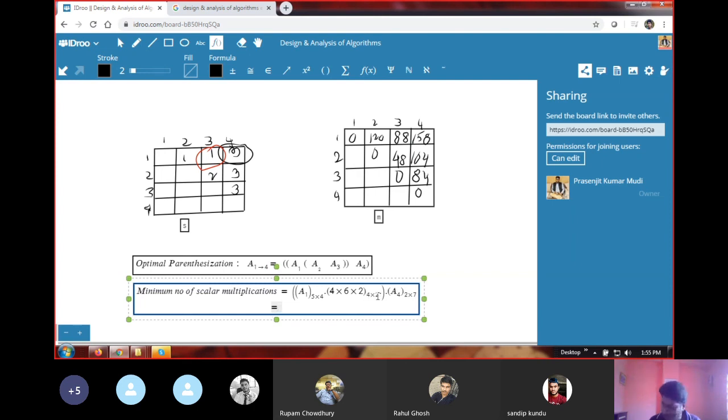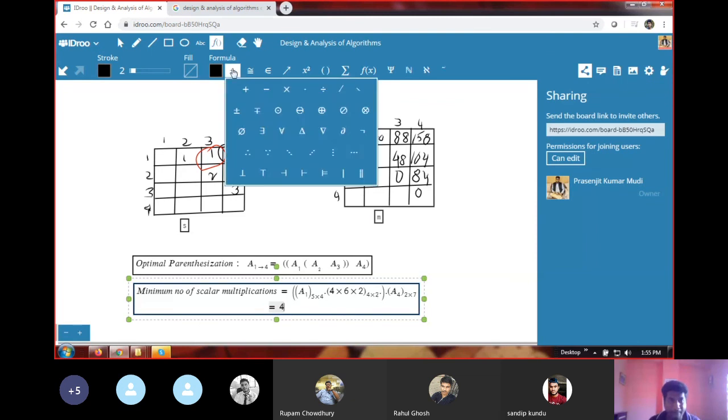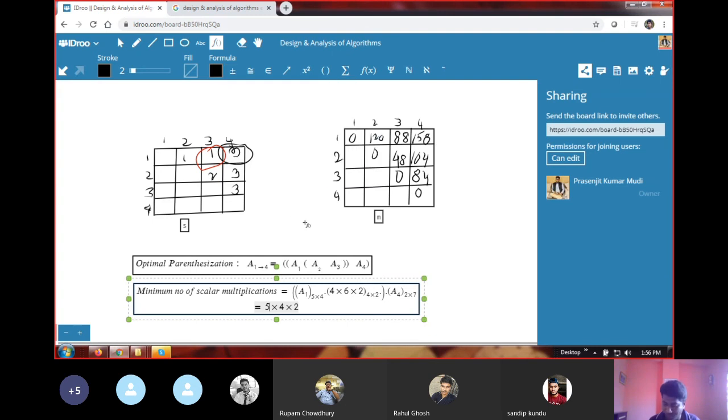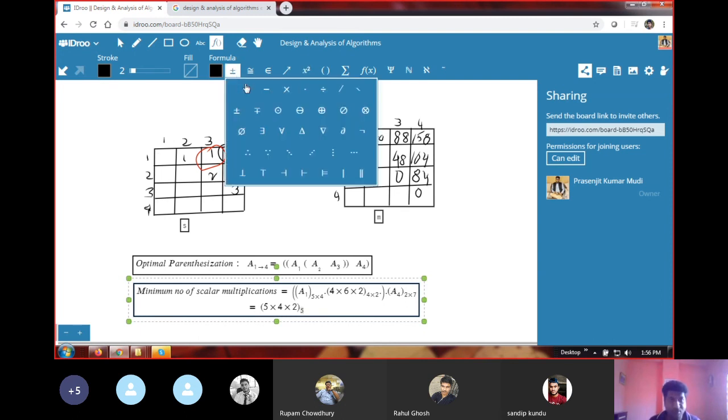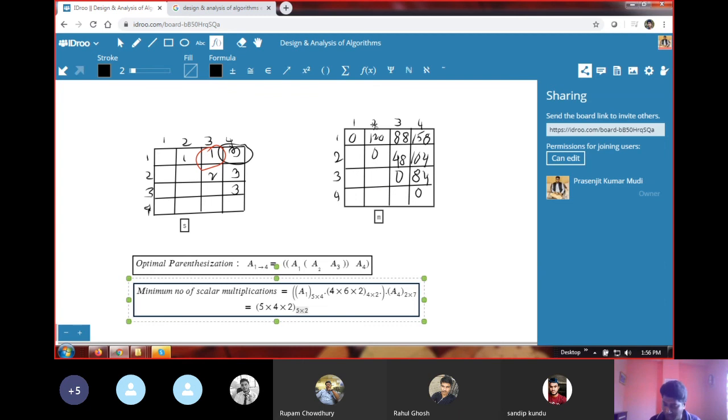So in this multiplication we have 5 into 4 into 2, and the new product dimension is 5 cross 4 cross 2, so 5 cross 2, right? And already we had this result 4 into 6 into 2, that is 48.